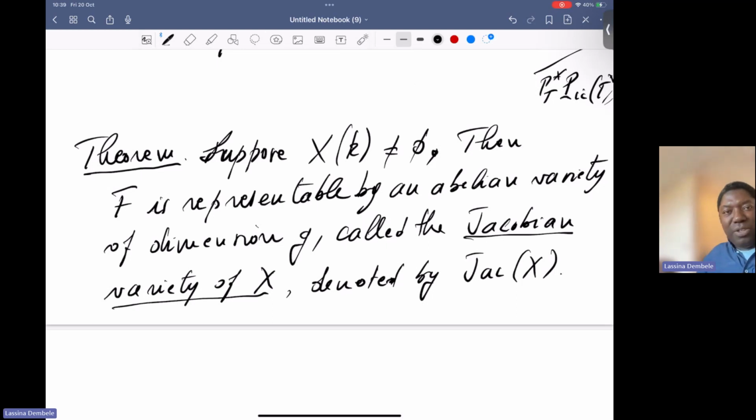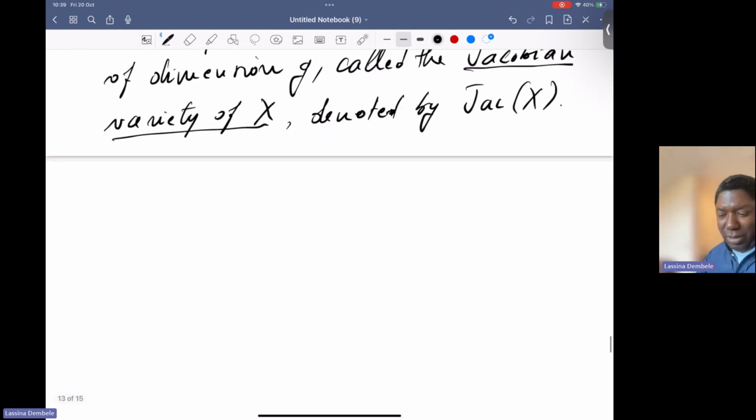Before I give you some examples, I'm going to say what we mean by this functor being representable. I'm going to state the universal properties satisfied by this scheme, and after that we are going to see some nice examples.